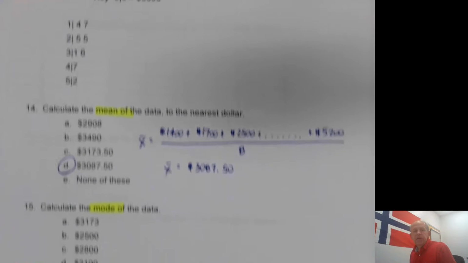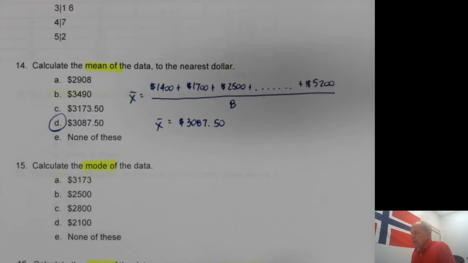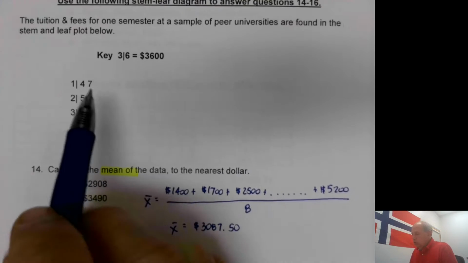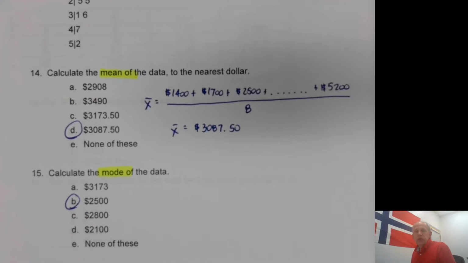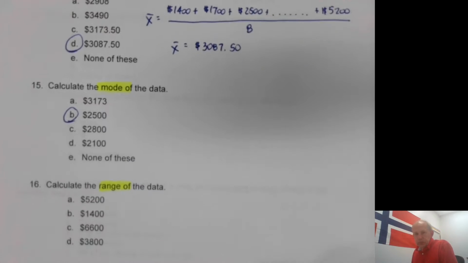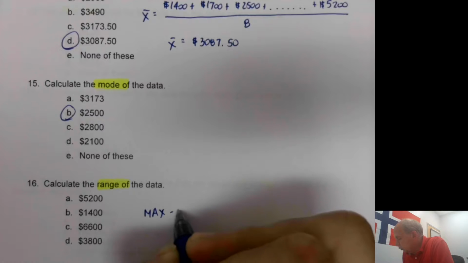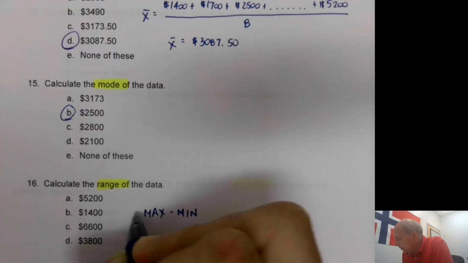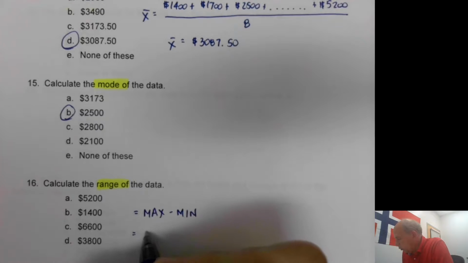Number 15, finding the mode of this data set, the most frequent value. 2,500 occurs twice. That is the most frequent data point. My answer is B. And then the range of the data set. The range is the most expensive school minus the least expensive school, the maximum data point minus the minimum data point.